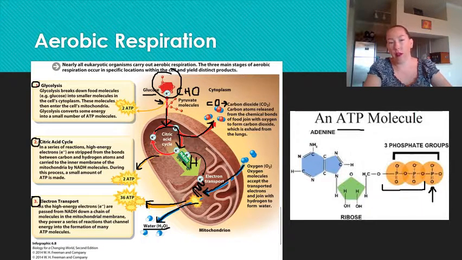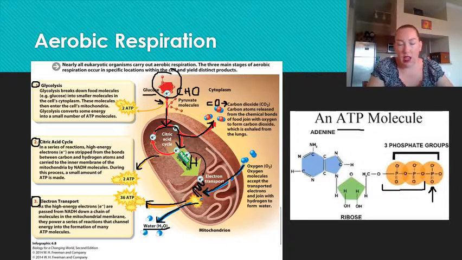If you don't have oxygen, you can't do the electron transport chain, so that's when fermentation kicks in, or anaerobic respiration. Your book talks about it. I find it a little bit less interesting. But having the ability to do this electron transport, requiring oxygen, being able to use oxygen to accept electrons, gives us a huge benefit.